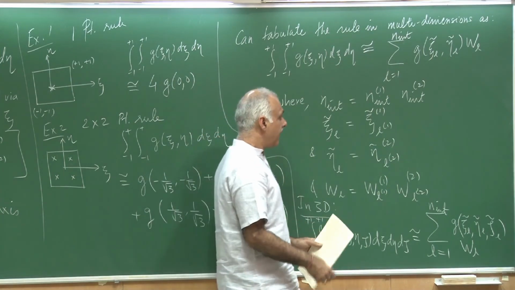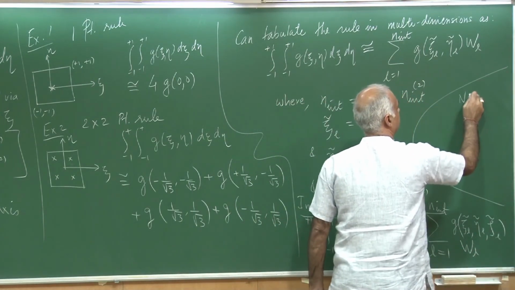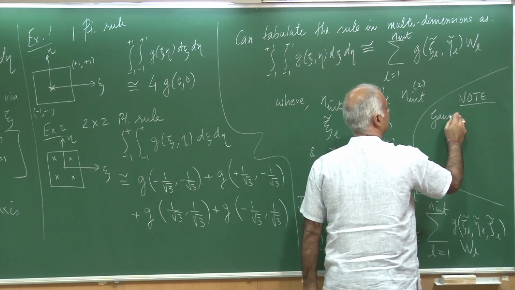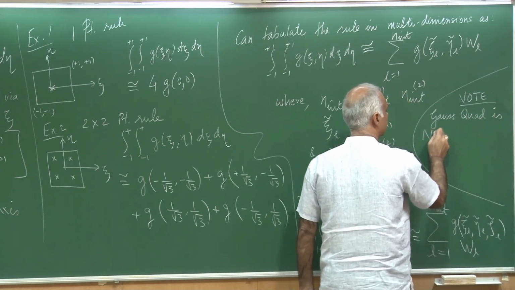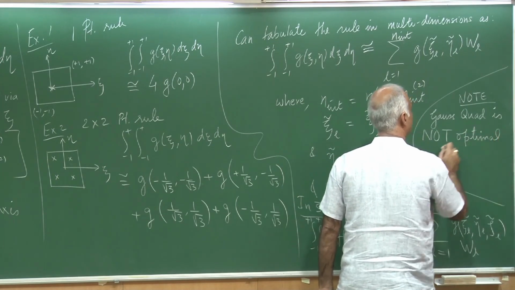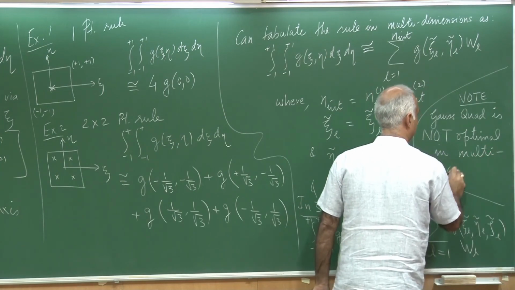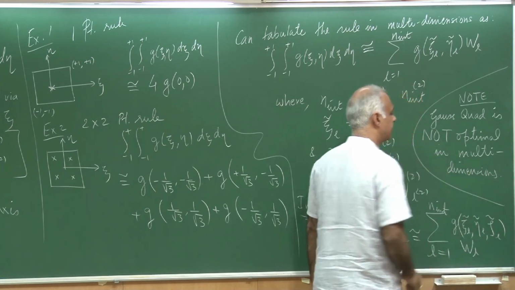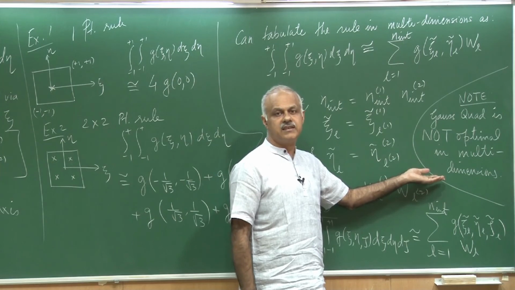Okay. I just want to make a note here that the Gauss quadrature is not optimal in multi dimensions. We can show that the Gauss quadrature rule is the best you can do in one dimension.